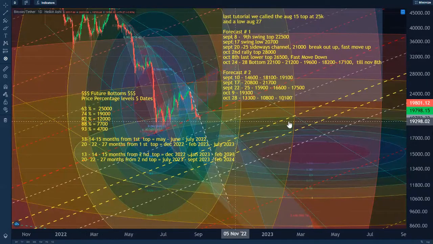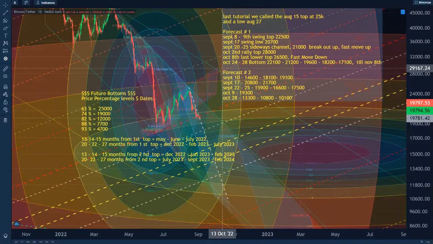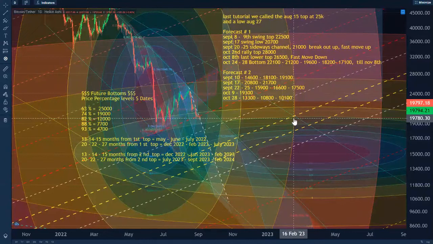All right, so moving forward here, I just wanted to lay out this 2 month forecast. Just keep in mind that we can certainly go sideways in a channel here, all the way into November, December, right into this February period. No problem. We could certainly do that.